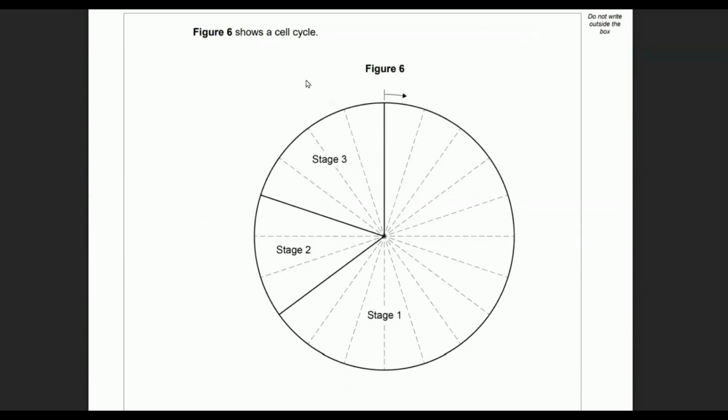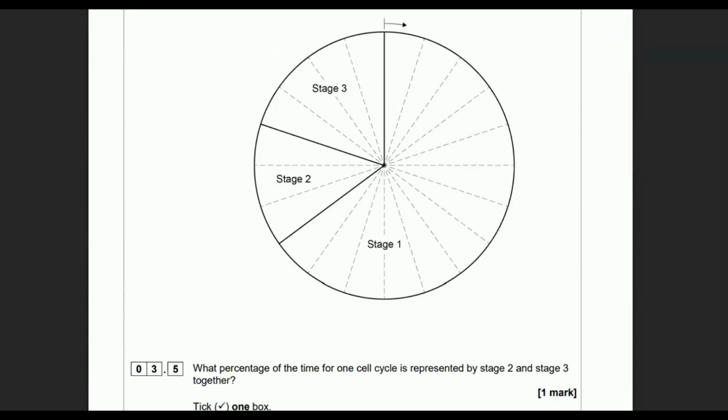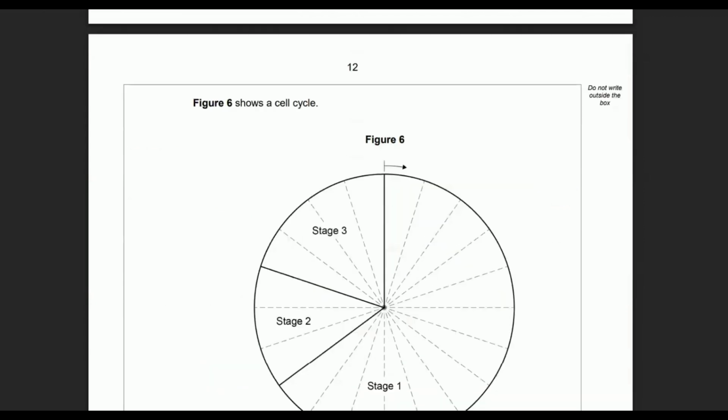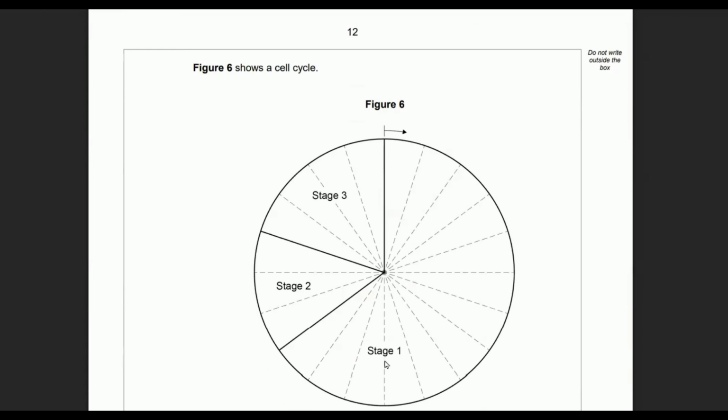Figure six, I've got a bad chest. So if you hear me cough like a lunatic, that's because my chest has been busted for the last 3 weeks. Figure six shows a cell cycle. We've got stage one, stage two, stage three. There are three parts to the cell cycle. What percentage of the time for one cell cycle is represented by stage two and three? So this is just how to use a pie chart, basically. That's 50%.